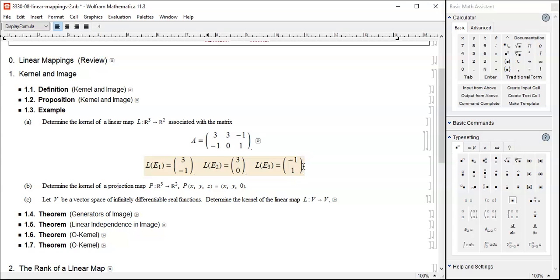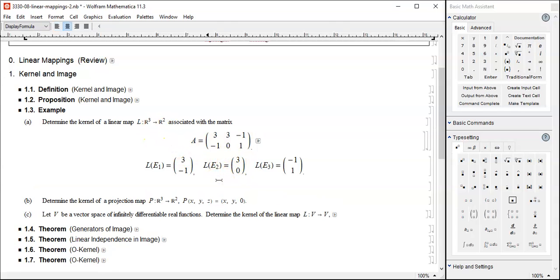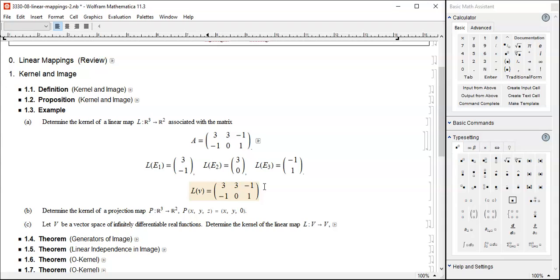What else can we deduce from here? The linear map looks like this. L of V in general is equivalent to the matrix expression times the column vector. So let's see. No, let's write it like this.